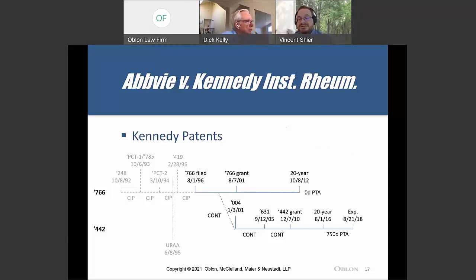And so the unjust extension that arose by Kennedy's practice is measured in that 6 years, that extension of the patent term based on only claiming a partial priority history. And the court decided that the 442 would be invalid without a terminal disclaimer over the 772 patent.